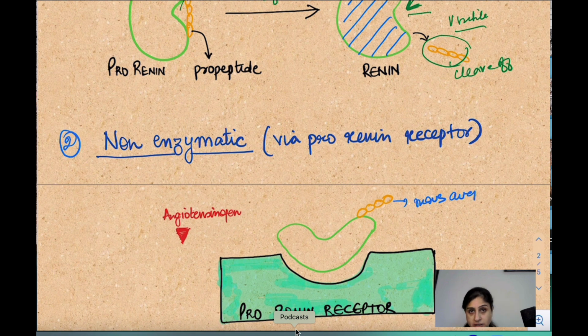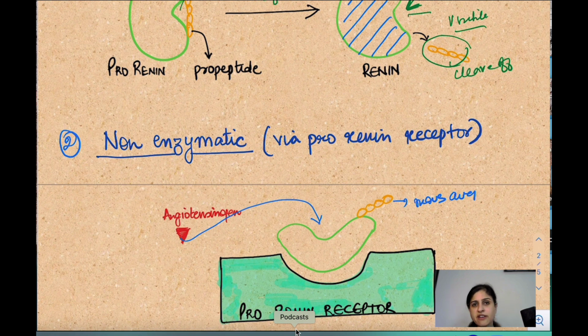It will not detach. Here it is attached in front of the receptor, this propeptide chain. It is not going to break like this. It is just going to move like this. So this area is now open, but this propeptide chain is still attached. Okay? So when the site is open, this is now the active site, and it can also bind the angiotensinogen.